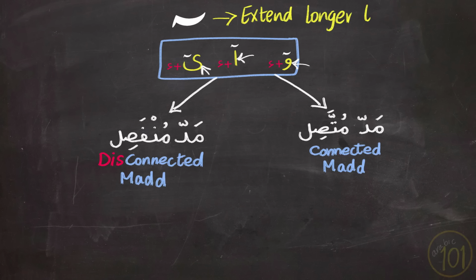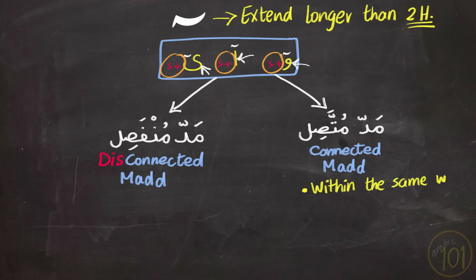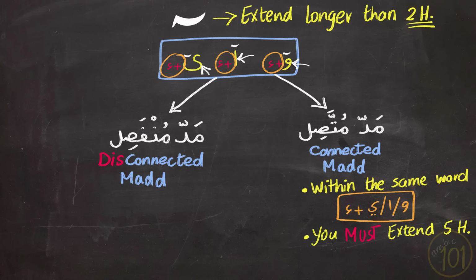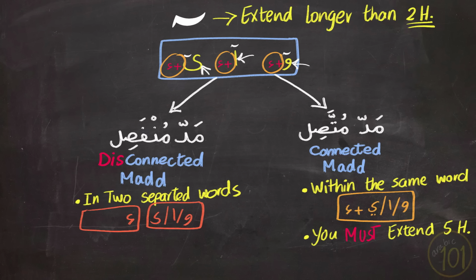So to summarize what we've learned today, the 3 letters of med, waw, alif, and ya, can be extended even longer than 2 harakat of the natural med. This happens when they're followed by hamza, and we call this either med muttasil, when it happens within the same word, and it has to be extended for 5 harakat, or med munfasil, if the letter of the med came as the last letter of the word, and the hamza, the cause of extension, came as the first letter of the following word.